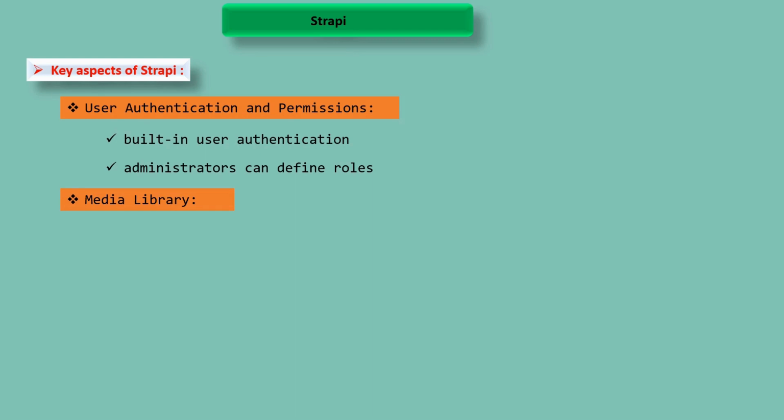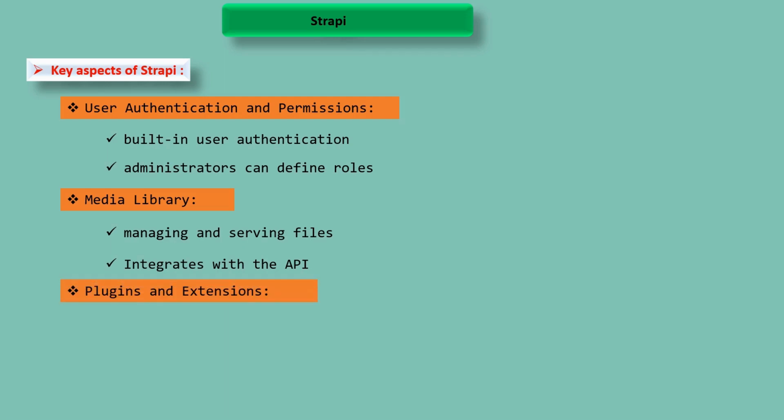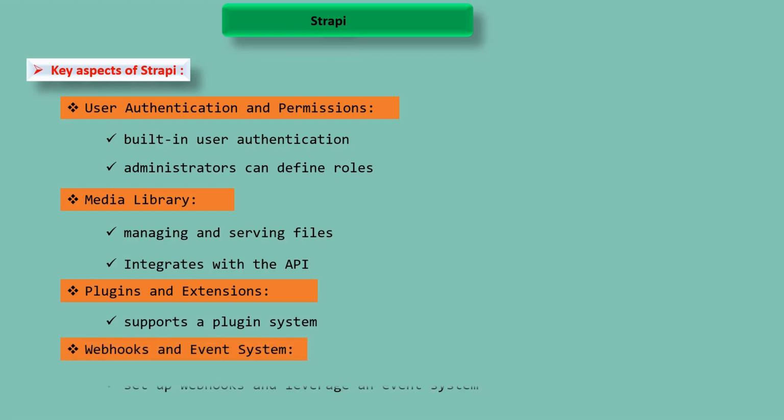Media library. Strapi includes a media library for managing and serving files, images, videos, documents. Integrates with the API, allowing developers to handle media assets programmatically. Plugins and extensions. Strapi supports a plugin system, enabling developers to extend functionality easily.